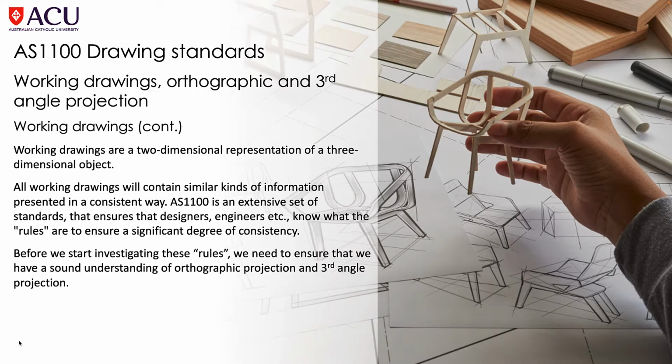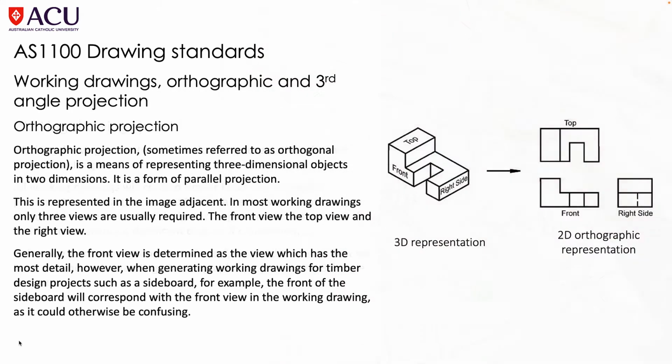Now, before we start investigating these rules, we need to ensure that we've got a sound understanding of what orthographic projection is, and specifically what third angle projection is. So we're going to just discuss that a little bit now. Orthographic projection, sometimes referred to as orthogonal projection, but also referred to as working drawings.